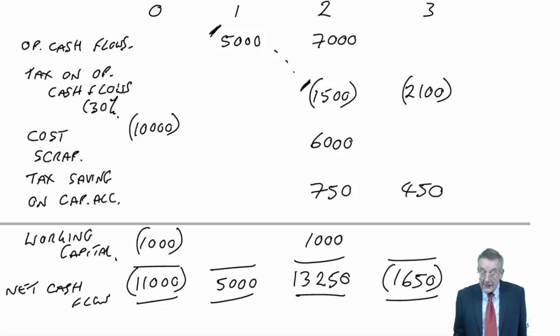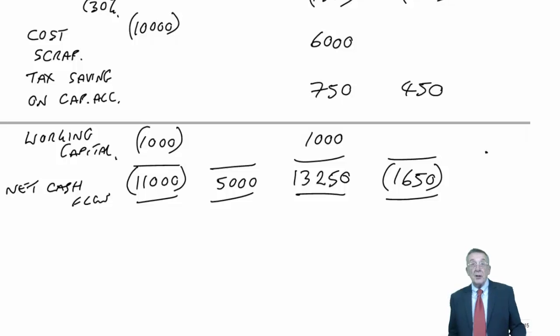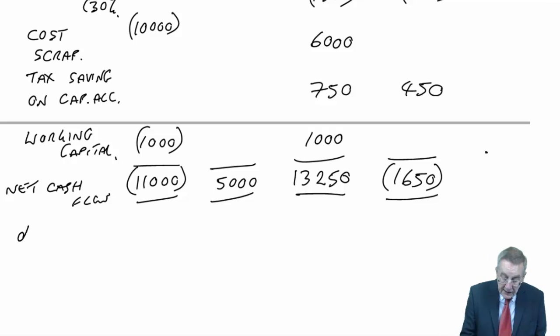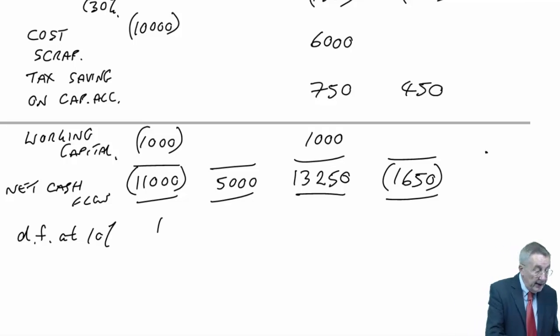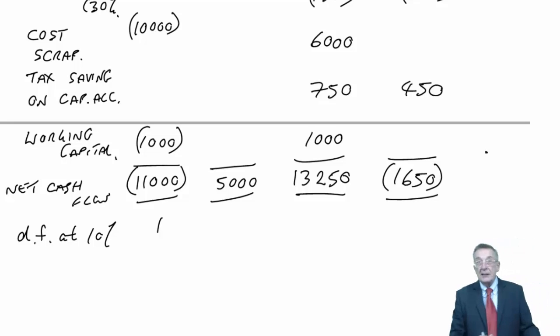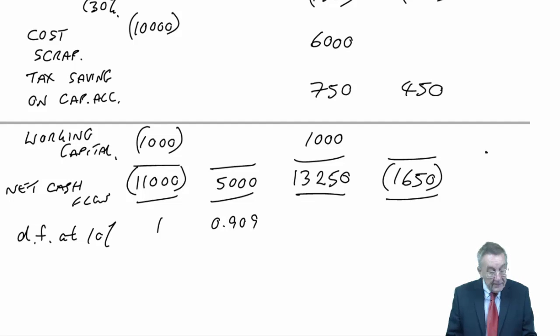This time we will discount, but we spent enough time on this in the last chapter, so this should be a formality. To discount, it says the cost of capital is 10%, so we'll multiply by the discount factors at 10%. Let me find my tables. Make sure you get the right tables, incidentally. These are individual flows, so use the ordinary present value table. 1 year at 10%, 0.909; 2 years, 0.826; 3 years, 0.751.